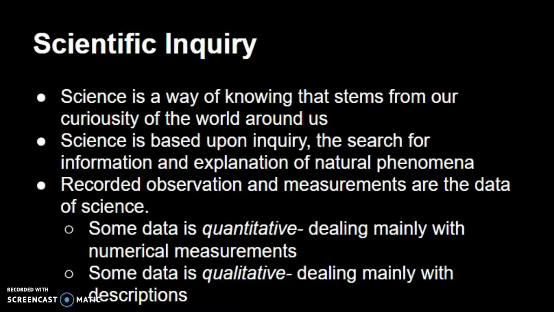So an example of quantitative data would be like an amount of time, 30 seconds, 2 minutes, a length, 2 meters, 3 meters, anything like that would be quantitative data. But qualitative data is dealing with description, so it might be colors, scents, things that you can't really give a number to.